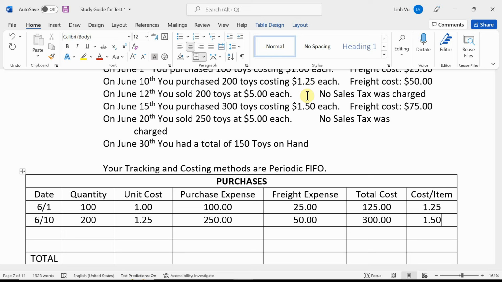We know the first 100 and then 100 of the second one is gone on that sale. Or we know that 200 is sold. What do I do with this information? Am I putting it into my table, or what am I going to be doing with it? Oh, no. It won't be recorded on the worksheet.